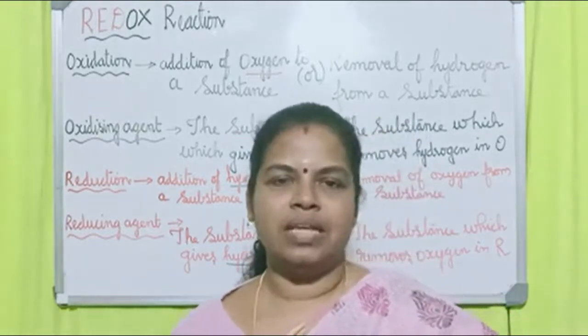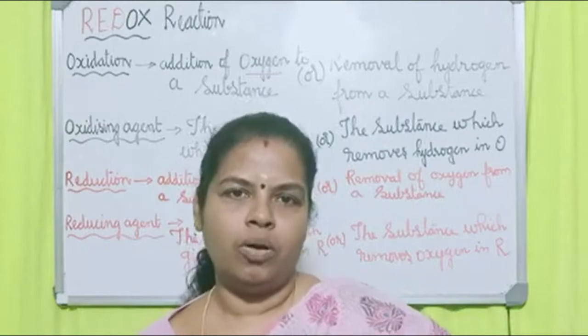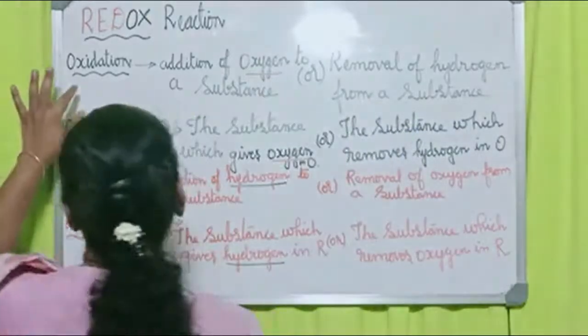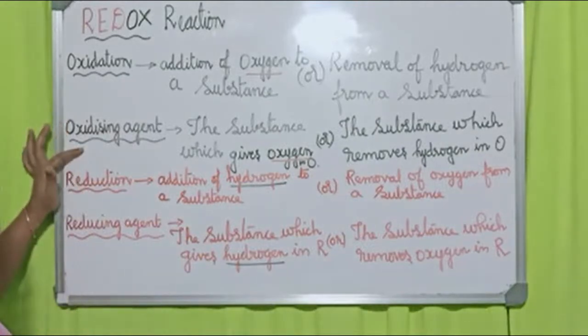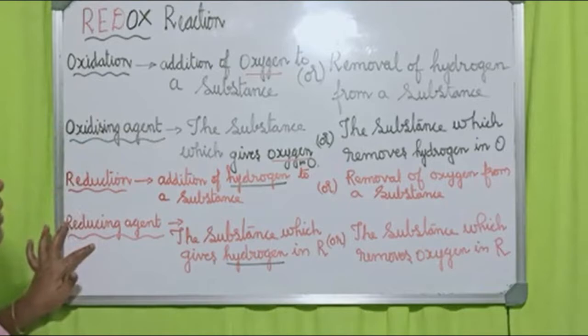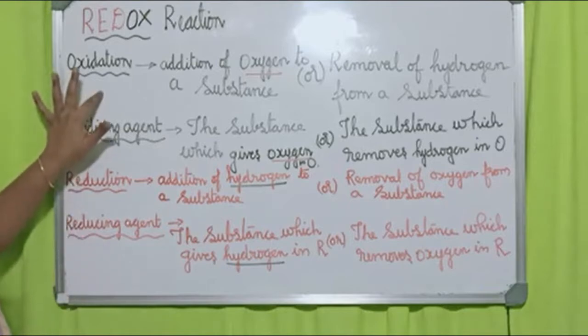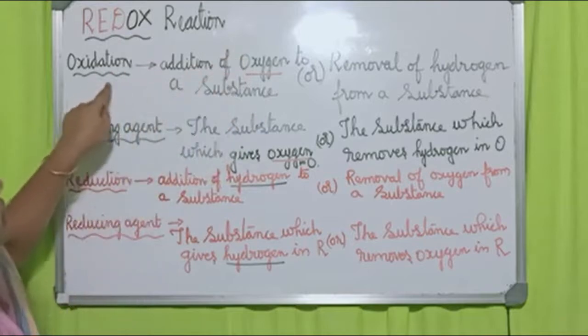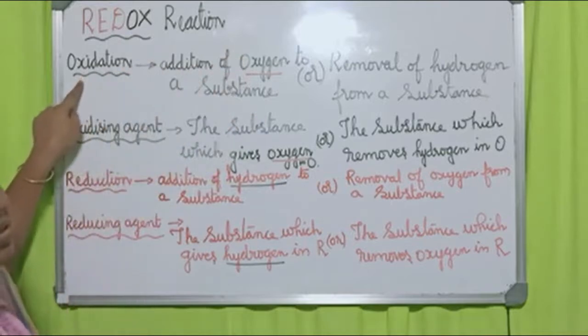Before we study this reaction in detail, we should know about 4 important terms. First one is what is oxidation, what is oxidizing agent, what is reduction, and what is reducing agent. Oxidation means, keep this point in your mind, addition of oxygen.